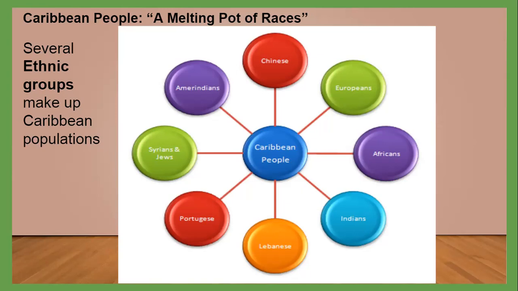They have intermarried, they have intermingled with each other, and consequently, today in the Caribbean, we have a mixture of different races, and we have become a plural region or a cosmopolitan region with countries having a number of different races living there. So in the Caribbean, people include Europeans, Africans, Indians, Lebanese, Portuguese, Syrians, Jews, Amerindians, and Chinese. Those are Caribbean people.